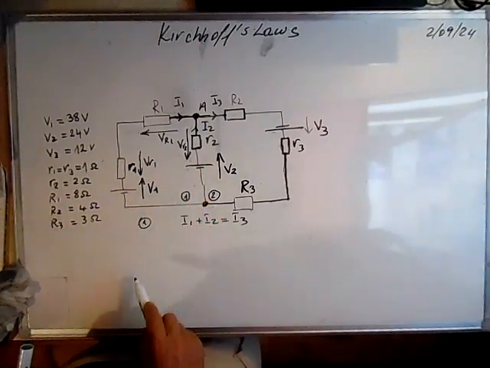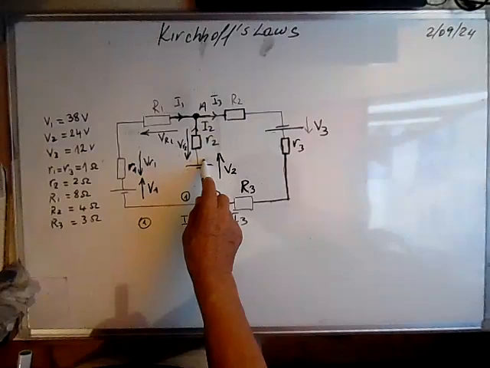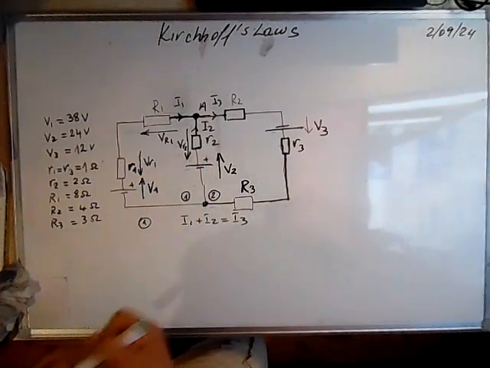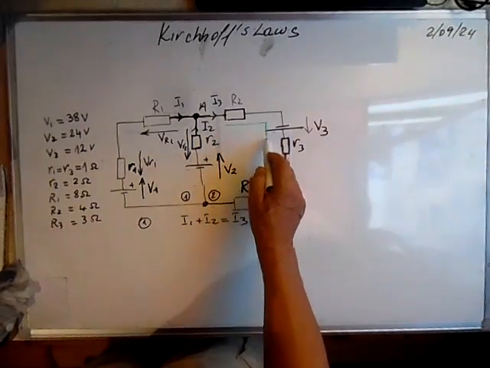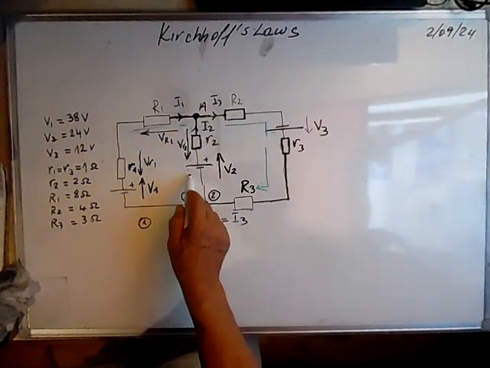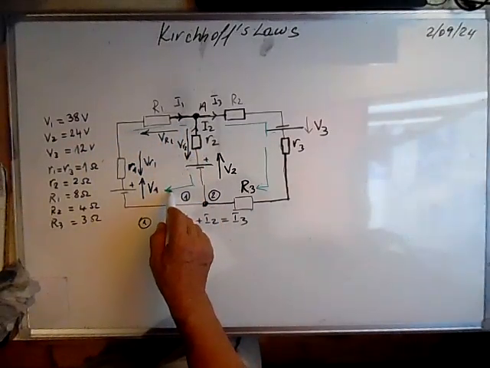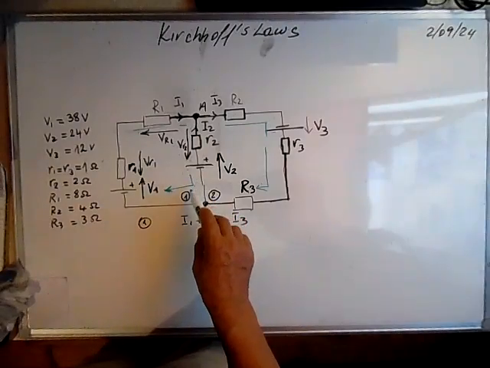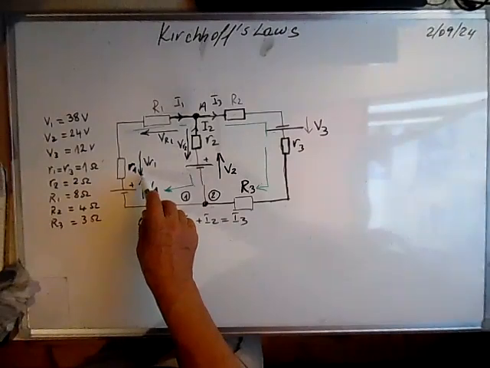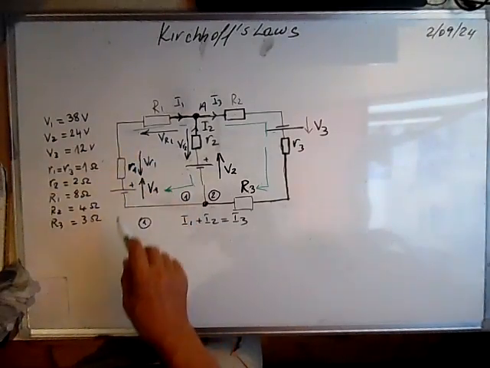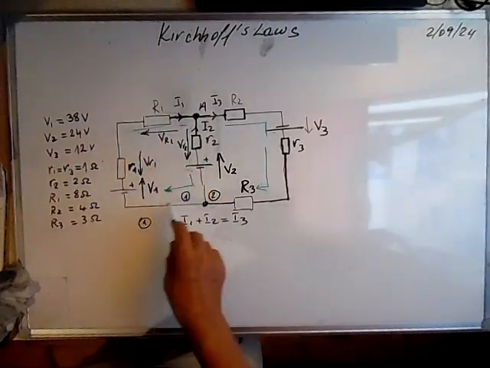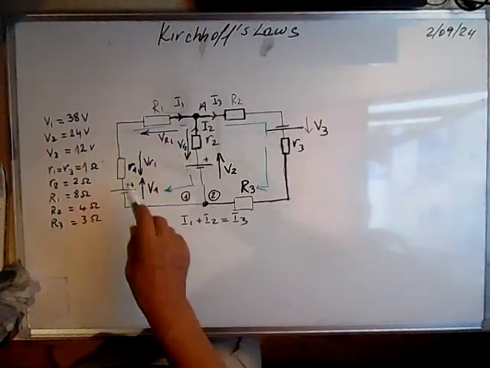And the sources here, we have their direction, so we can choose a direction in which we write the equations. Suppose we take the clockwise direction. If we go from minus to plus, we write plus, and if we go from plus to minus, we write minus. The algebraic sum of the voltages in a mesh should be 0.